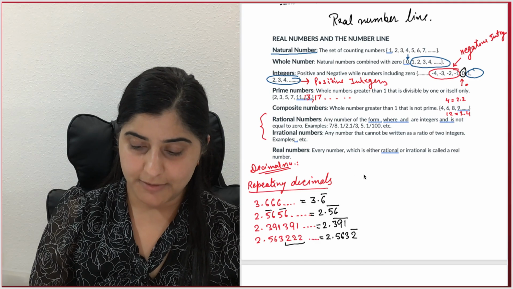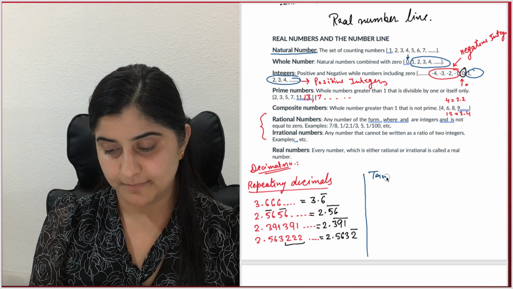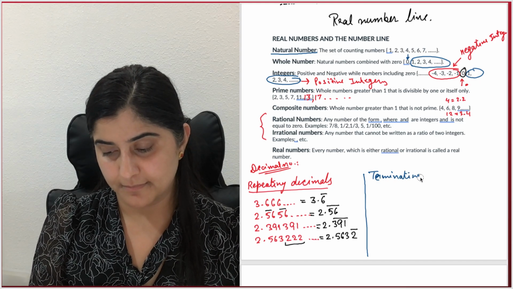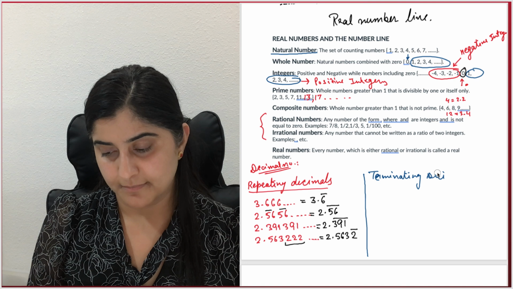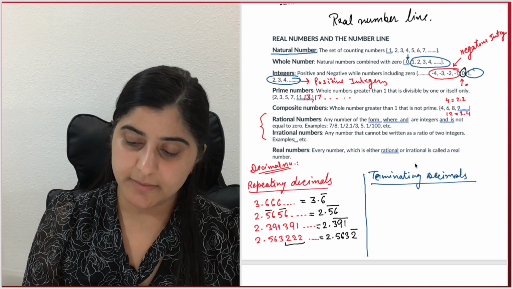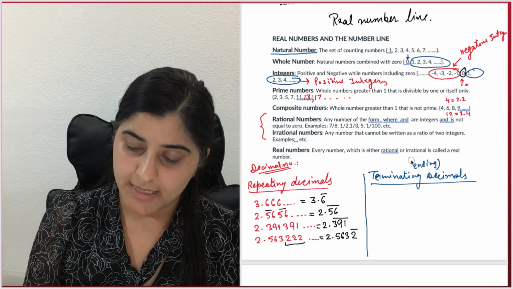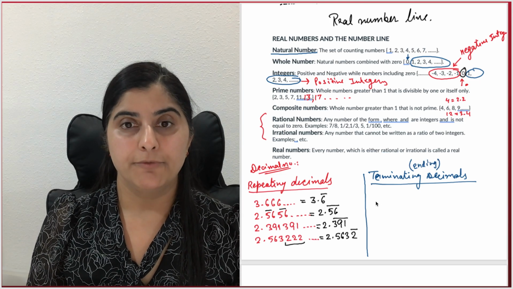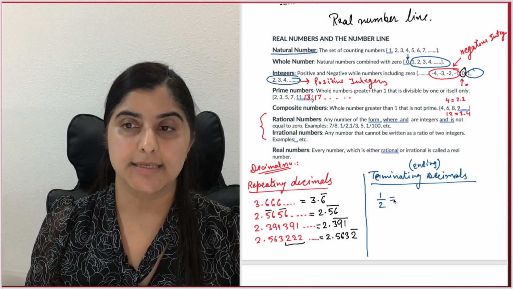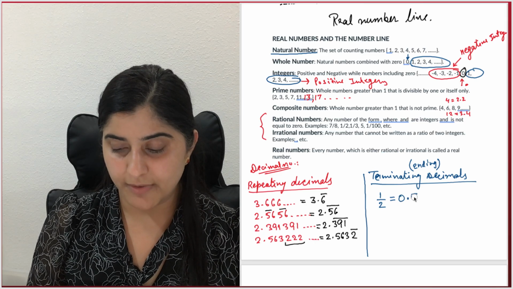Let me talk about the terminating decimal numbers. So terminating decimal, terminating also means ending decimal numbers. So for example, if you know 1 over 2, if we have to write this fraction as a decimal, you will write 0.5.